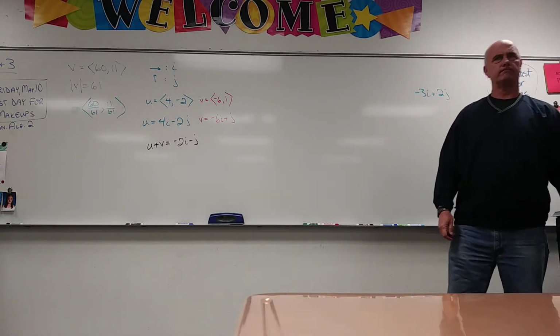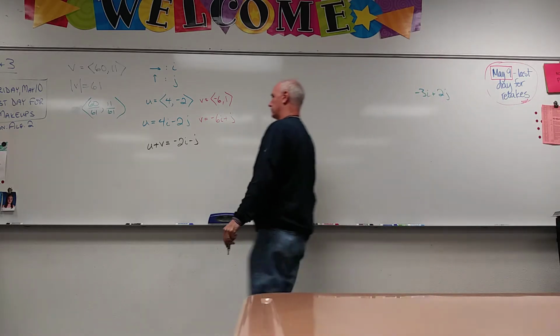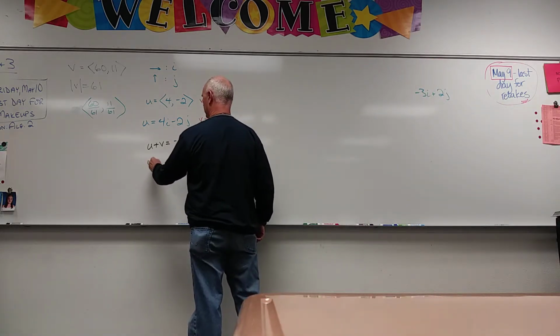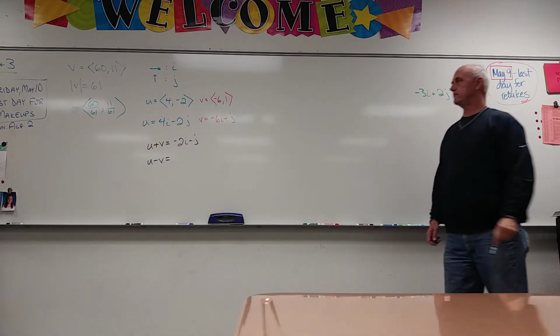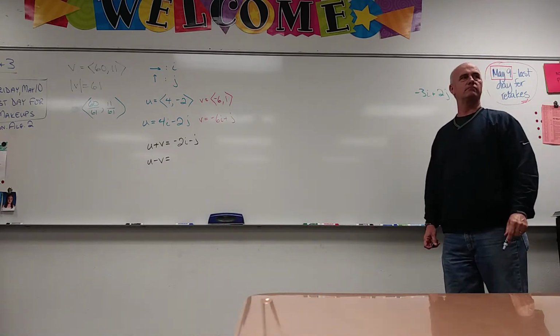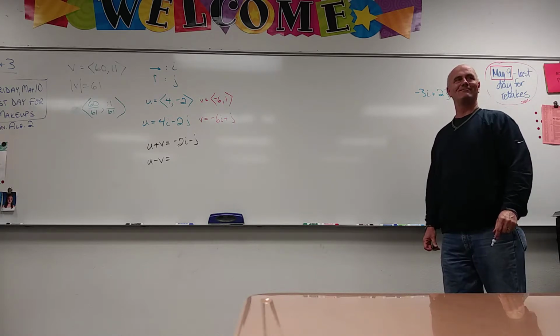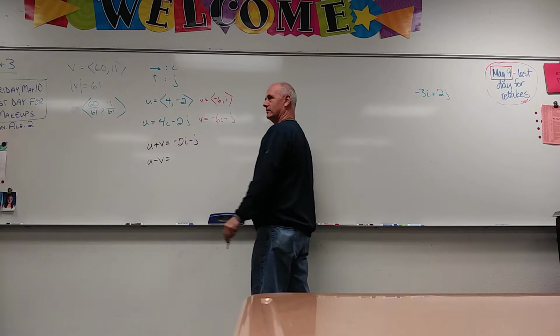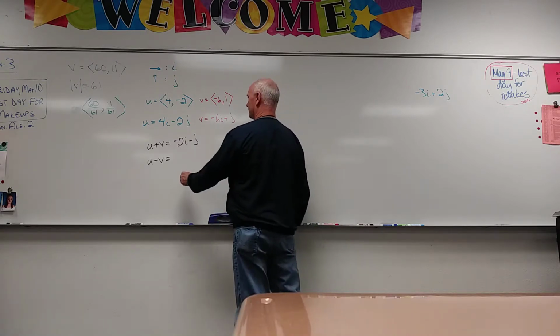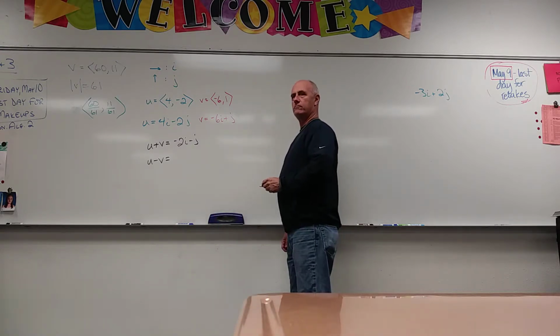Are we okay with that? What is u minus v? Thank you. That's why I asked it. You guys okay with that today? -10i. Oh wait, nope. How is it negative? I did v minus u. It's positive.